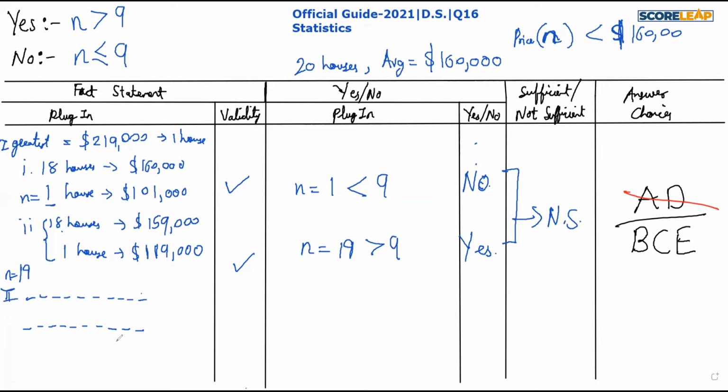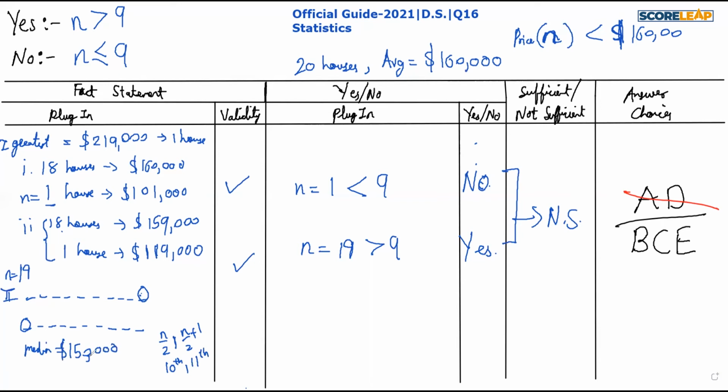For an even number of values, the median is given as the average of the n by 2 term and the n by 2 plus 1th term. So here these are the 10th term and the 11th term. In short, the average of these two will be the median, and the median is given as $150,000.